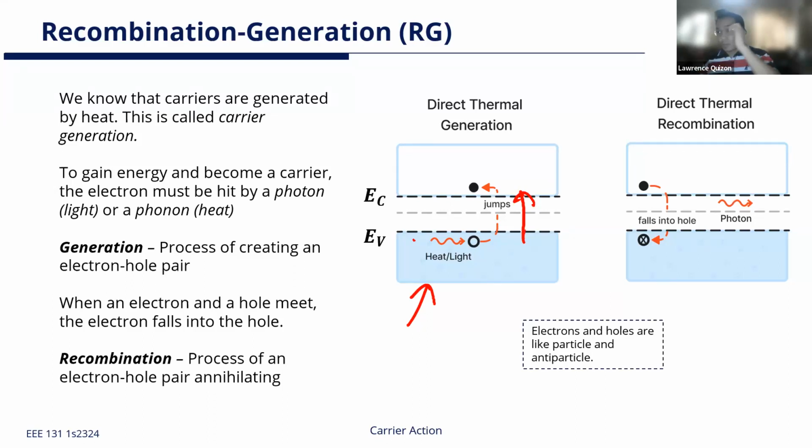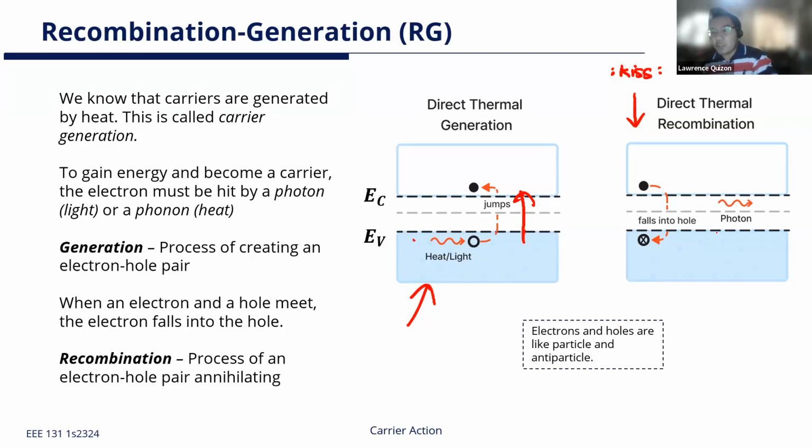Next, we also have direct thermal recombination. Remember in Discord I asked what happens when an electron and a hole meet, and some people actually answered. In a sense this is quite correct. Direct thermal recombination is when an electron and a hole meet and the electron falls into the hole. But to fall into the hole, it actually has to lose energy.